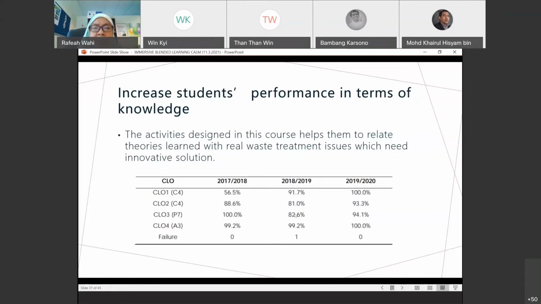Previous semester here means 2018-2019. And then CLO4 increased, all achieved, and we don't have failure for this course.